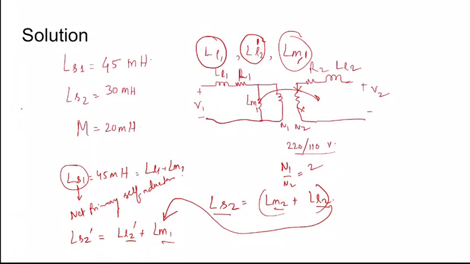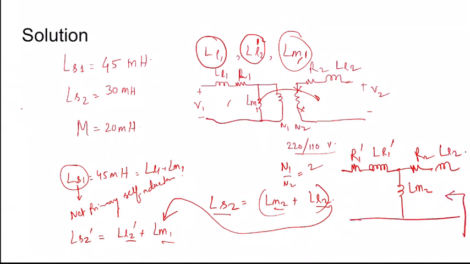For clarity I am explaining this concept again. LL1 dash will come, then LM2 will come in the secondary, you imagine. Along with this, R1 dash will come, then R2 will come, then L2 will come, and from here you are looking. So if someone asks you the secondary self inductance, then the answer should be LM2 plus LL2. Now when you transfer it to primary side, it becomes like this.